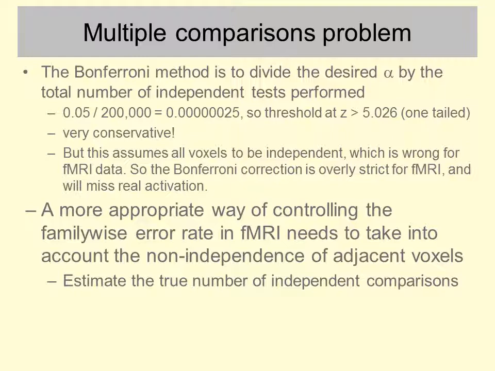This is a bit like the problem we had with the non-independence of adjacent time points in the time course, which we corrected for by estimating the autocorrelation structure and turning it into a filter. We also need to spatially estimate the true number of independent comparisons we're making in a set of fMRI data.